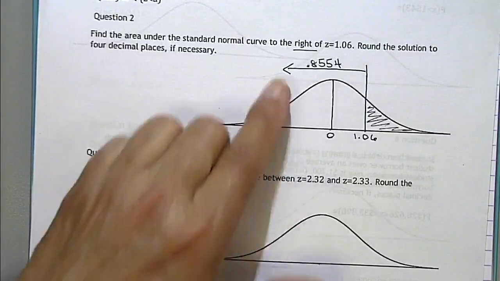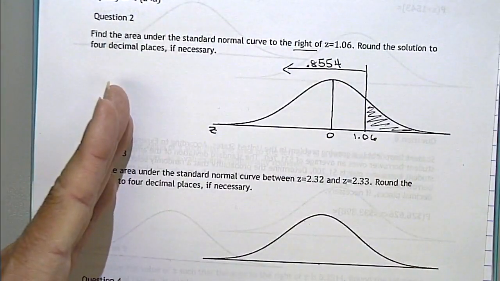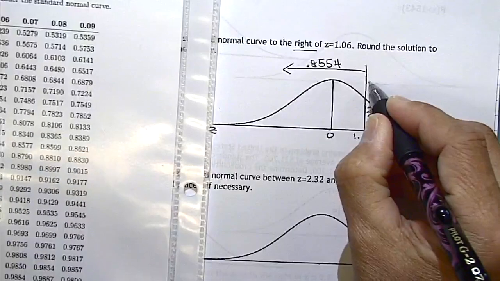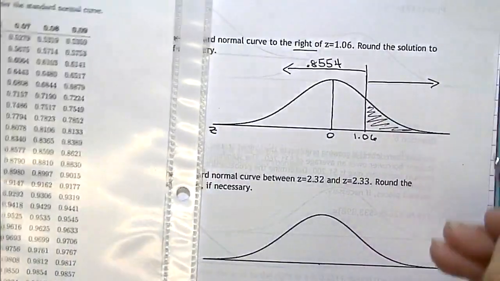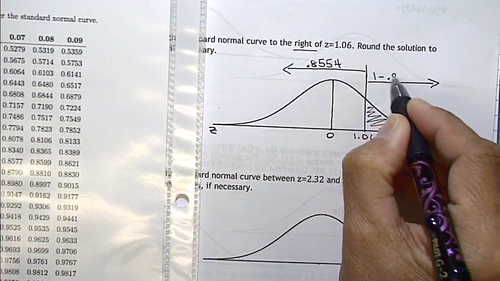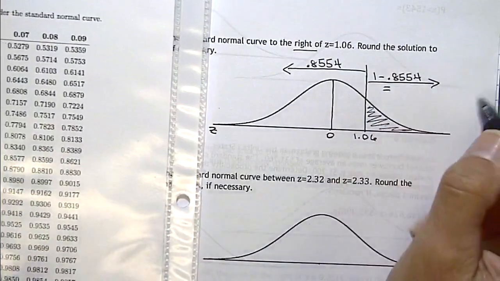Sometimes it makes sense to move that decimal and say, okay, 85%, yep, that's over half of the curve, isn't it? So what is the rest of the curve equal to? Well, the whole curve is equal to 1. So if I subtract that left side, I'm going to get the right side.